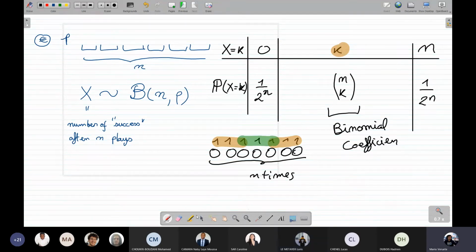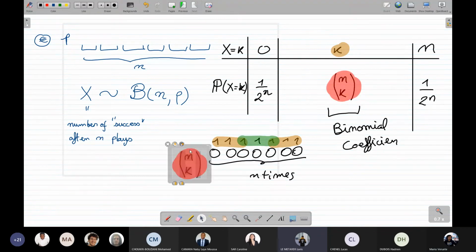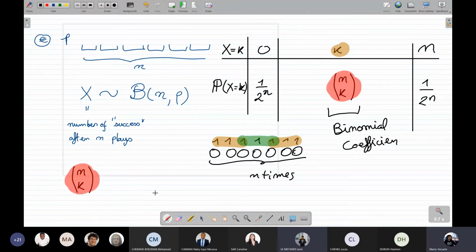And if you don't remember the definition of this, how do you say it, factorial? Factorial n divided by factorial k times factorial n minus k. Yes, perfect. Thank you very much, Loris.